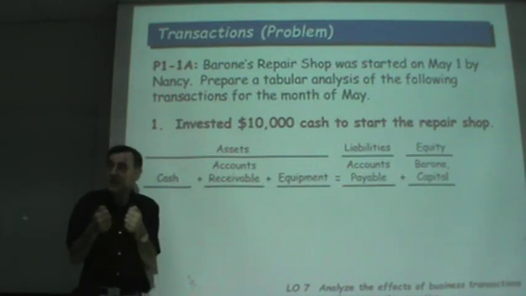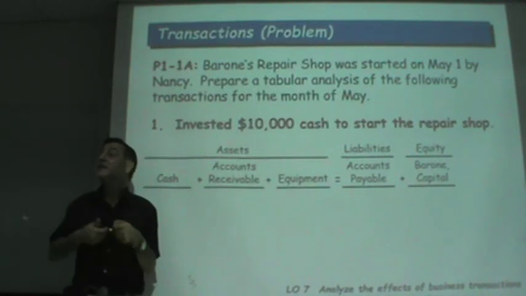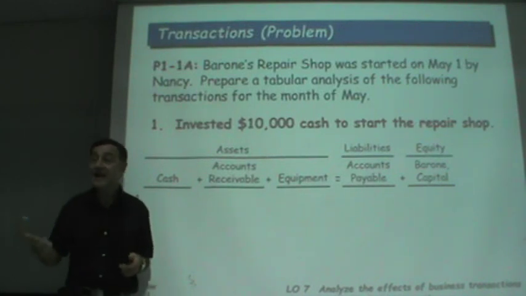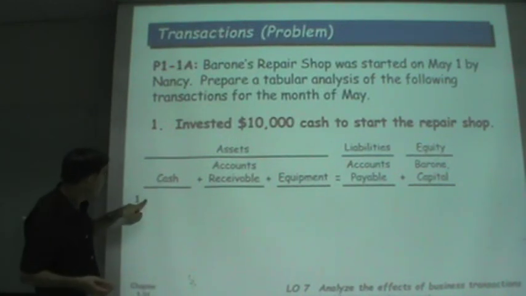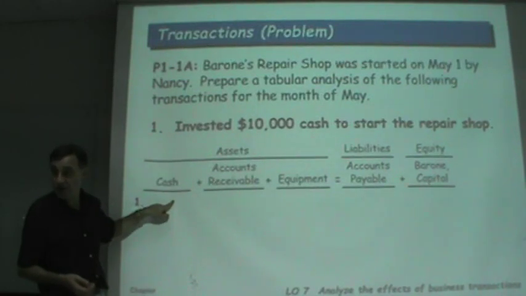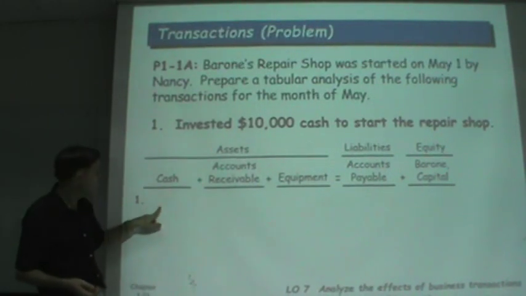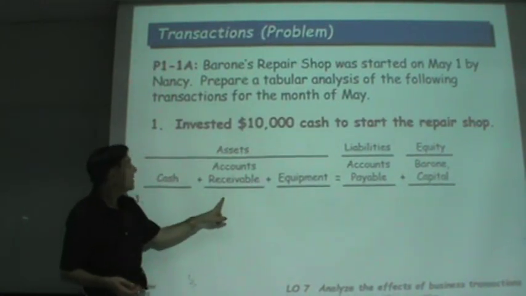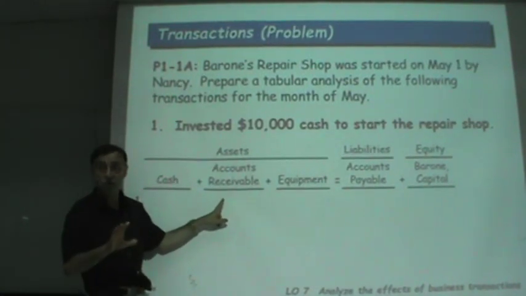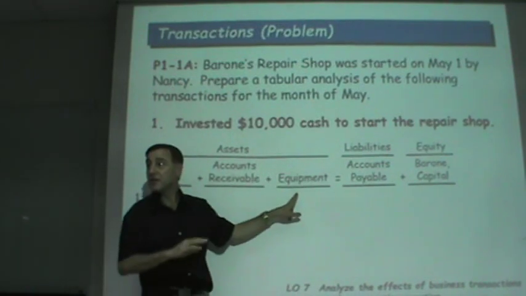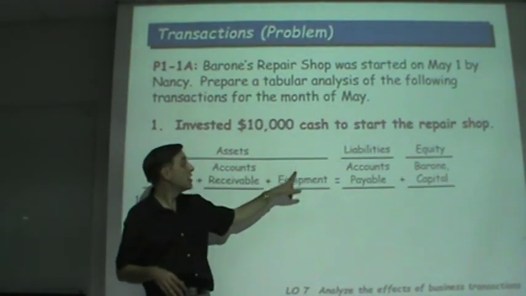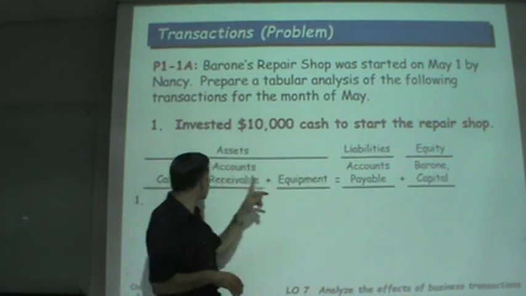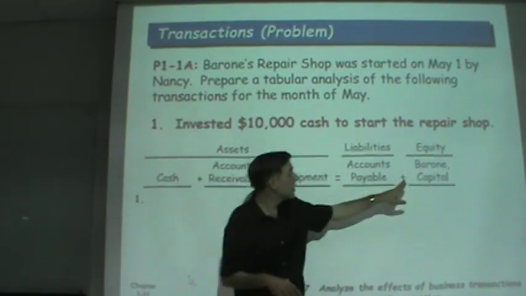So, the business begins with 10,000 capital. So, cash increases to 10,000, okay? So, cash goes up 10,000, it's the investment. Receivable, no change. Equipment, no change. Accounts payable, no change.